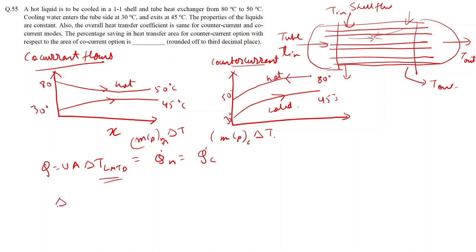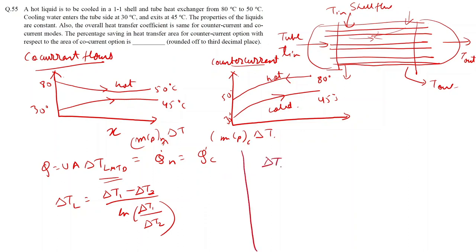And log mean temperature difference is defined as delta T1 minus delta T2 upon ln of delta T1 upon delta T2. So the log mean temperature difference for co-current flow, we will find as delta T CO. Here delta T1 is 80 minus 30, which is 50, and delta T2 will become 5.